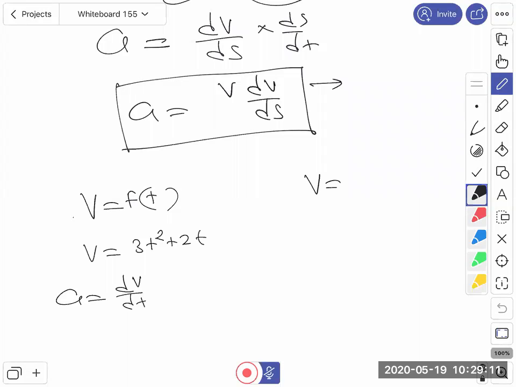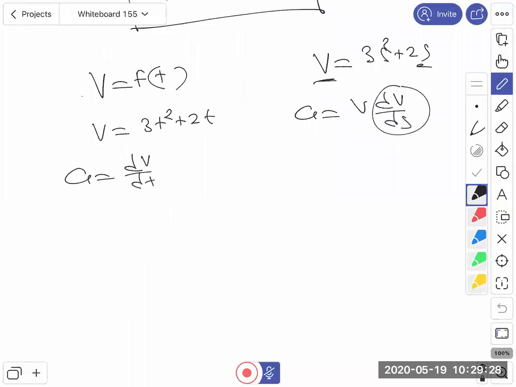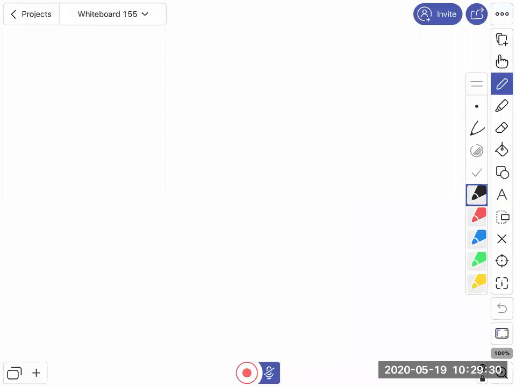If velocity as a function of displacement is given, like 3s square plus 2s, then we'll go for the equation a is equal to v into dv divided by ds. We'll differentiate v with respect to s, depending upon how the equation is given. So these are important formulas. Once again, just remember that the instantaneous value of acceleration can be written as dv divided by dt.